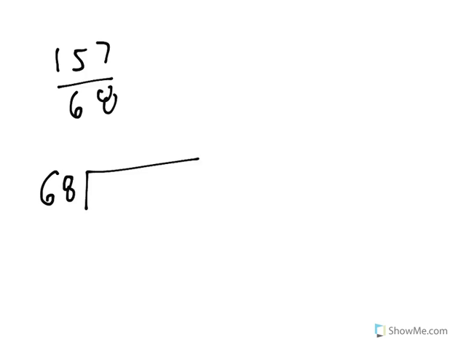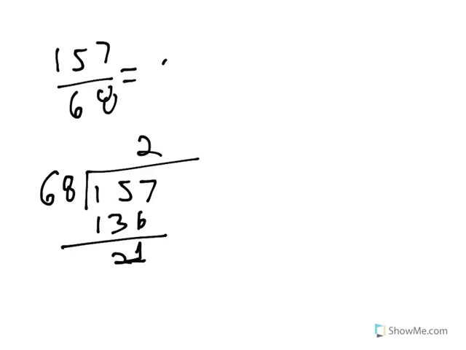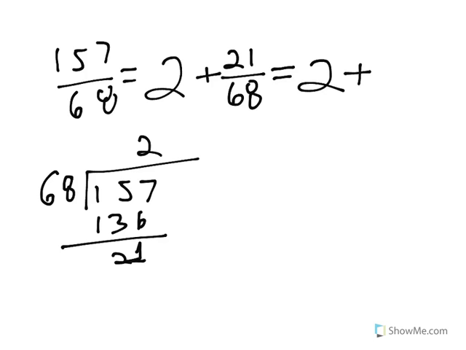First of all, you can divide 68 into 157 to get 2, remainder 21. So at this point I have 2 plus 21 over 68. And here's the clever trick. We rewrite 21 over 68 as 1 over 68 over 21.